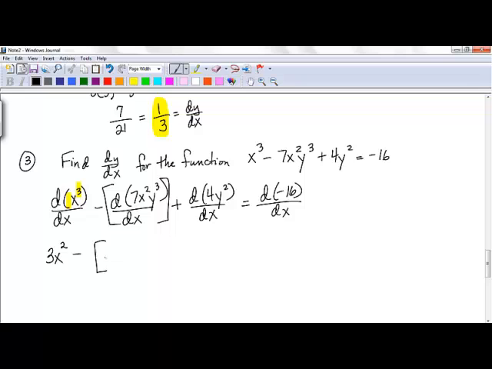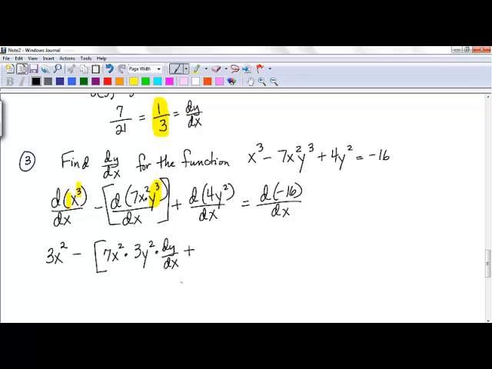So product rule says leave the first one the same. I'm going to split it right here, so I'm leaving 7x squared times y cubed, times the derivative of the second one. What's the derivative of y cubed? 3y squared, and that's a y term, so it's got an extra dy over dx.